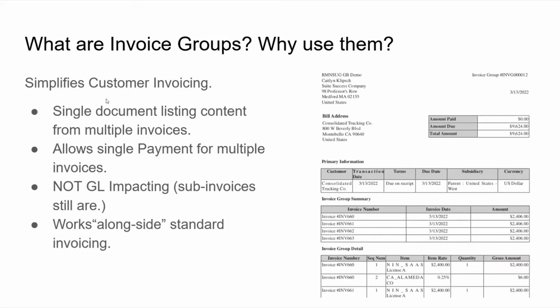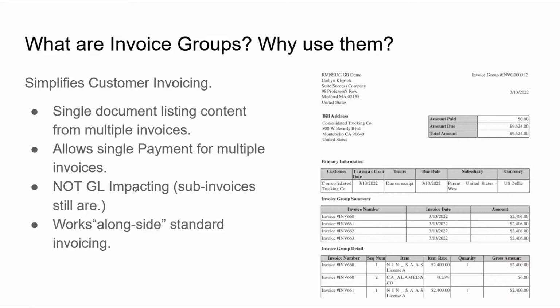So that is what it is and the use case. You want to give a single thing to your customer, even though it's coming from multiple different invoices. You can pay on the invoice group and wind up paying all the sub invoices. So that's kind of nice.